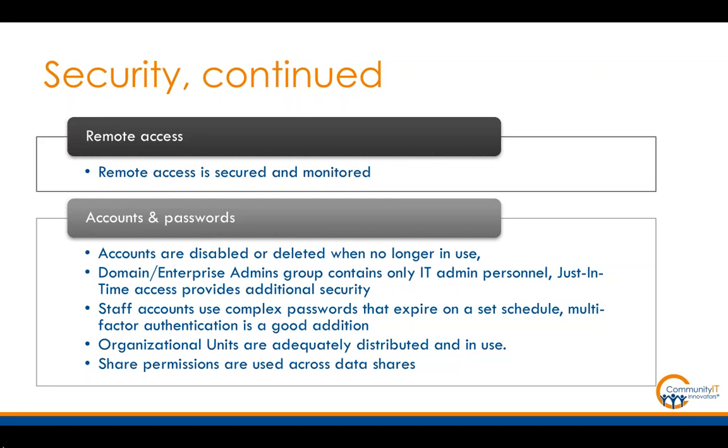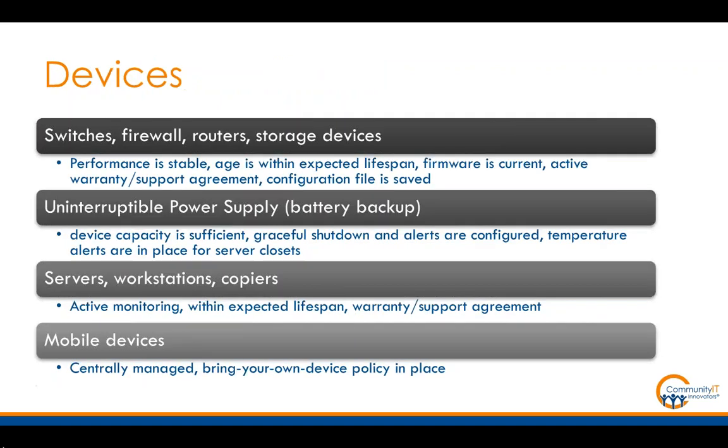Right, let's move along here and talk about devices. I know we highlighted some devices earlier on when we talked about connectivity, specifically focusing on wireless and some of the networking infrastructure here. We talked about switches and firewall.